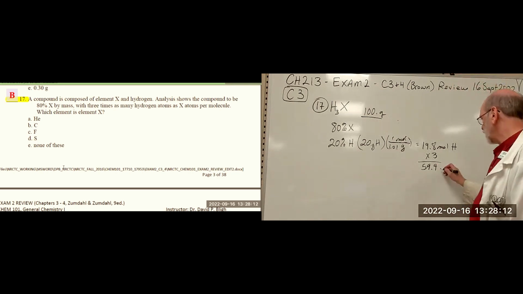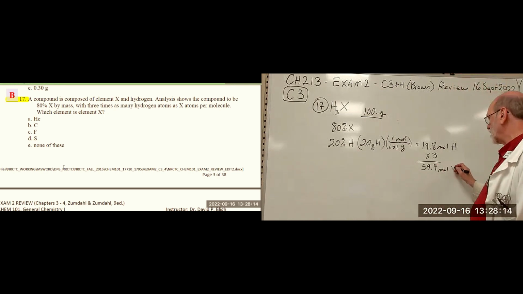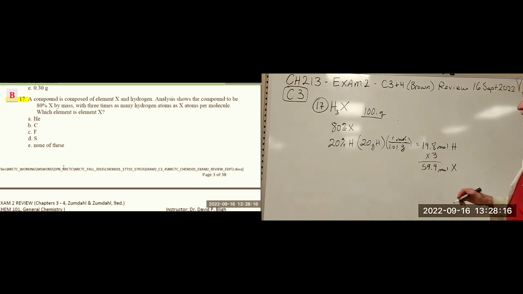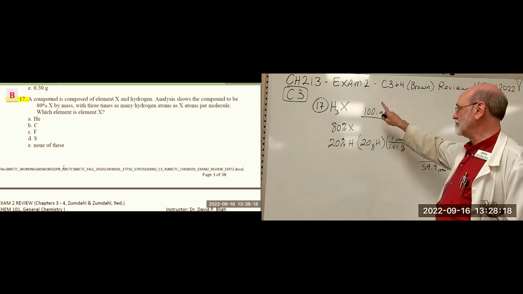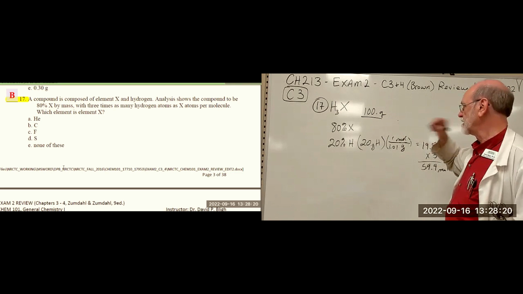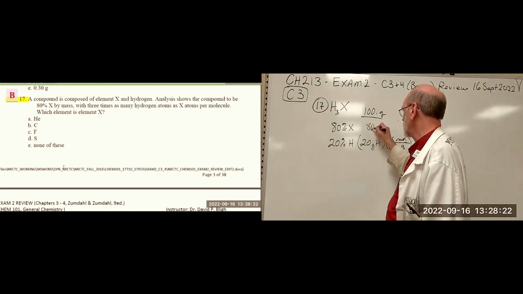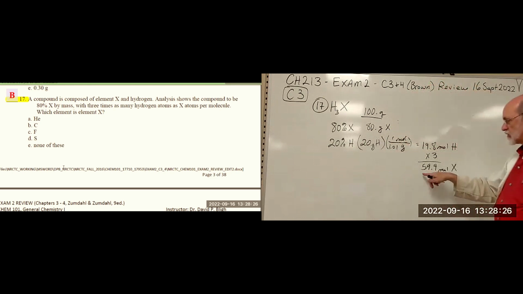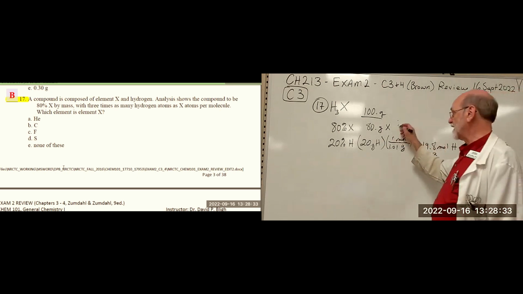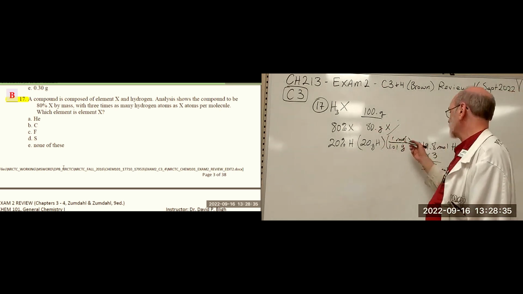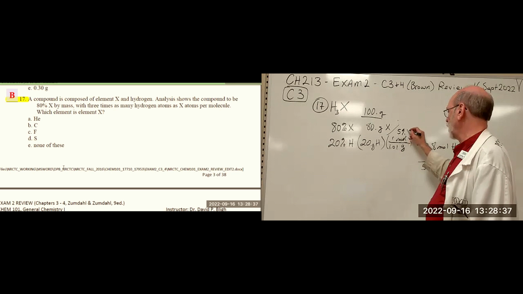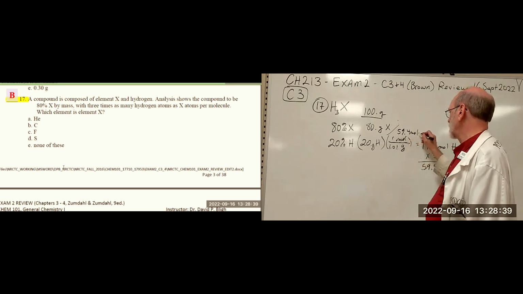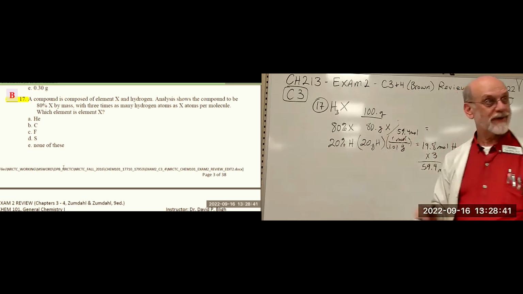Yeah, 59.4 moles of X. Now we've got 80 grams of X, which is represented by 59.4 moles, grams per mole. So we just divide that many grams of X by 59.4 moles of X, and that should be molar mass.